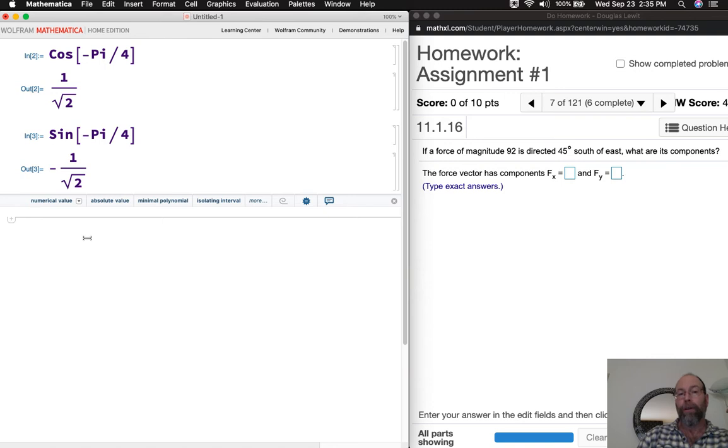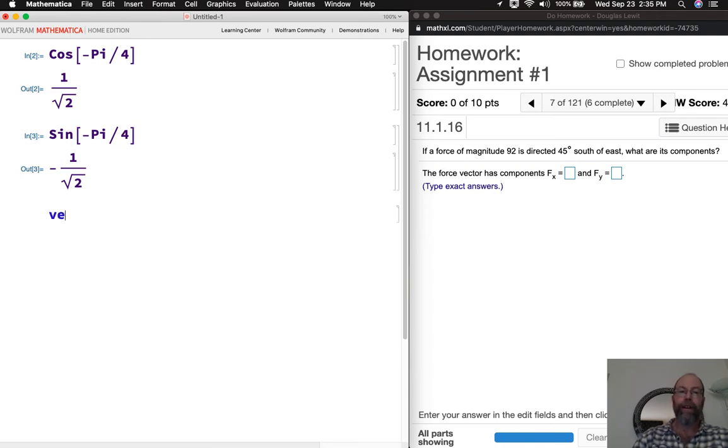So we can pick any number that we please, as long as both numbers have the same magnitude and the x value is positive and the y value is negative. So my vector is going to be, let's say, <10, -10>.